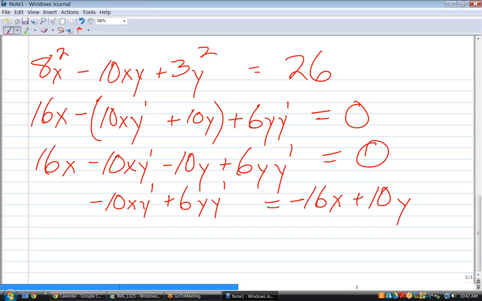Now, what do you suppose the next step is? And then divide everything on the left side by the right side? No. First of all, we need to try to isolate y prime. So what can I do here to isolate y prime?